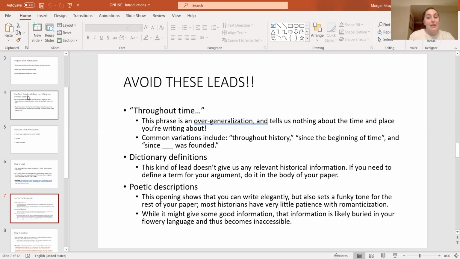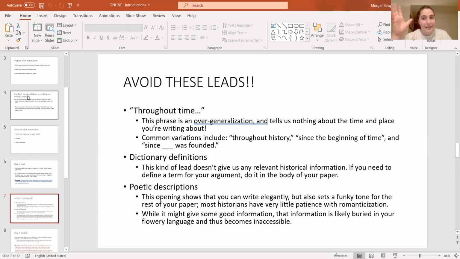It's an overgeneralization, and it tells us nothing about the actual time and place you're writing about. "Throughout time, people have struggled with racism," yes, and so that's not a good way to start. It's vague, it's frustrating, and you can't actually prove it.